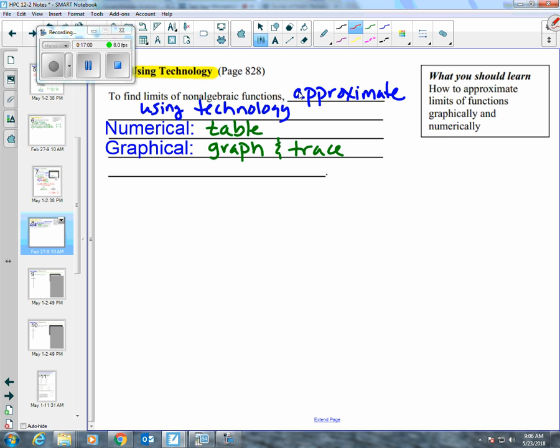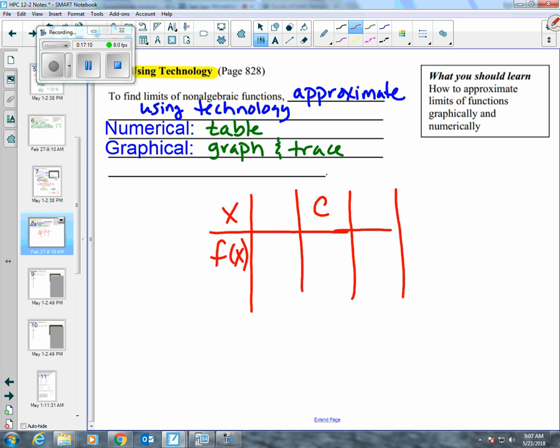So think about this. Remember we made the table, right? And we were picking numbers that were on either side of whatever the value was. So say our C value, whatever that might be, 2, 7, whatever, we were picking numbers on either side to try. Things like 0.001 and then maybe negative 0.001, whatever that might be.